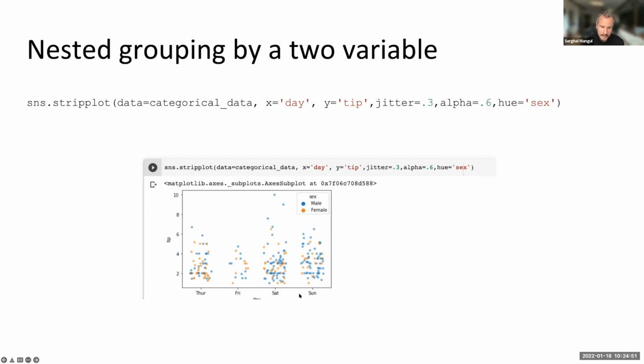But inside, it was interesting that males got this straight line. Can you see it here, right? Somehow many male waiters got $2 tips, very many of them, precisely $2 for whatever reason. And what about Sunday?